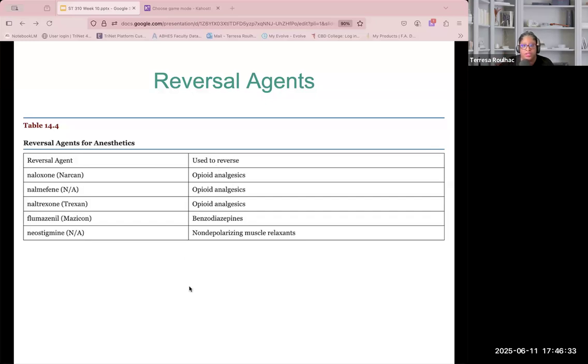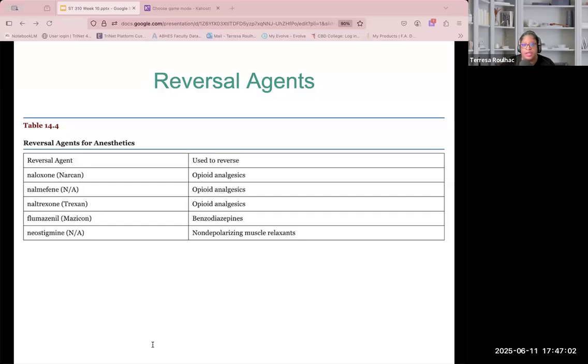Okay. So you have Narcan, we have Revex, we have Trexan. These agents are going to reverse the effects of opioids. We have benzodiazepine reversal agents like flumazenil. This is going to reverse the sedative effect. And then we have reversal of non-depolarizing muscle relaxants, again, that are going to help the muscles recover their function.